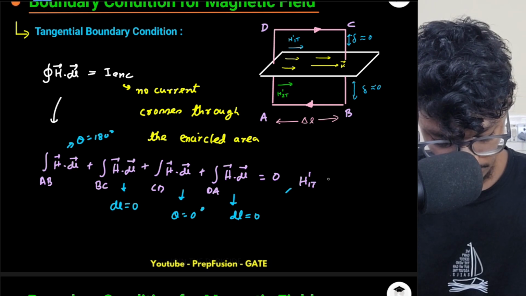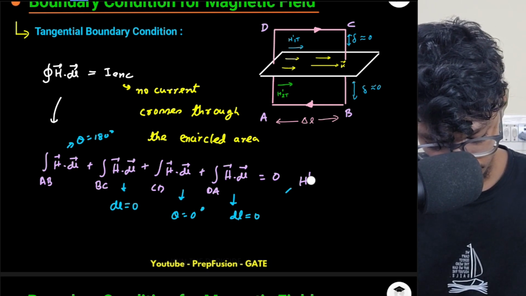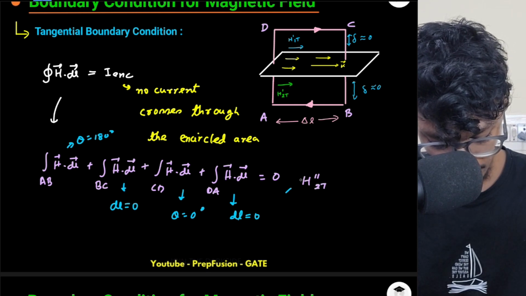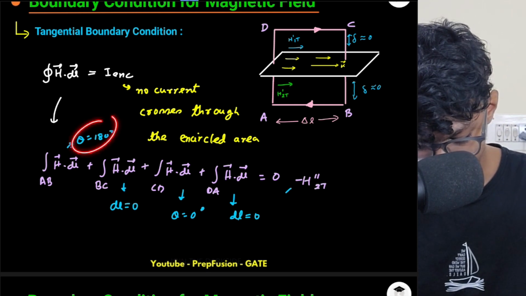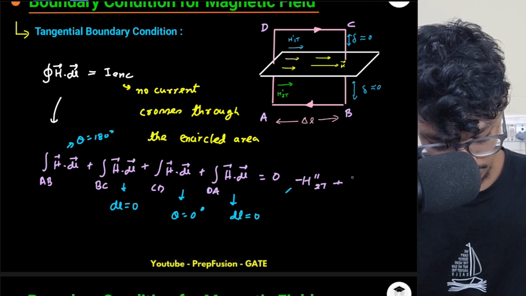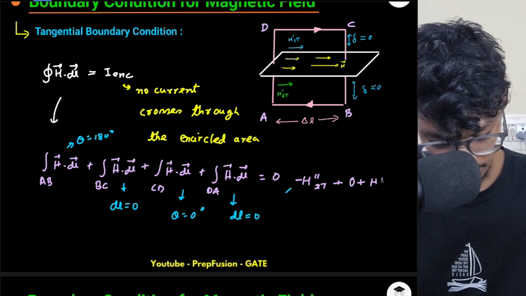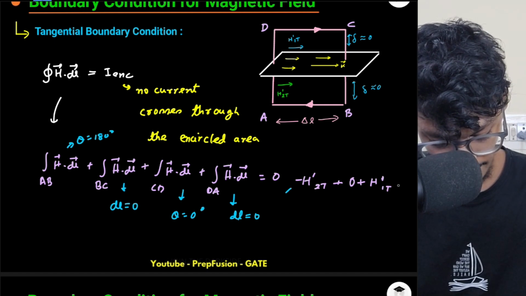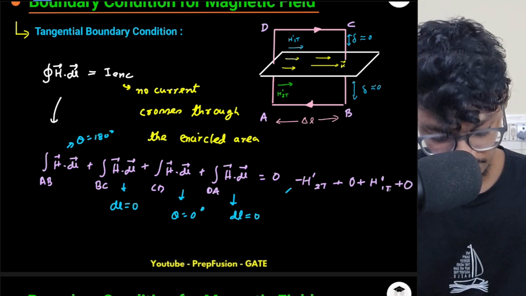So I can rewrite this: the first one will be H double dash 2t with a negative sign because cos 180 was there, plus 0, plus H, not double dash, sorry, this is single dash, H single dash 1t, plus 0. Why is this plus H dash 1t?